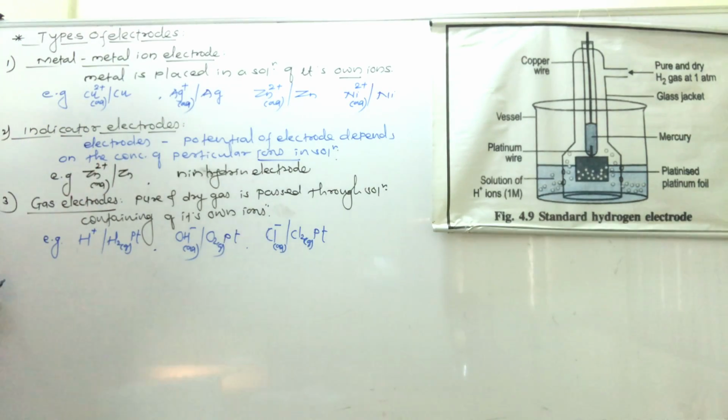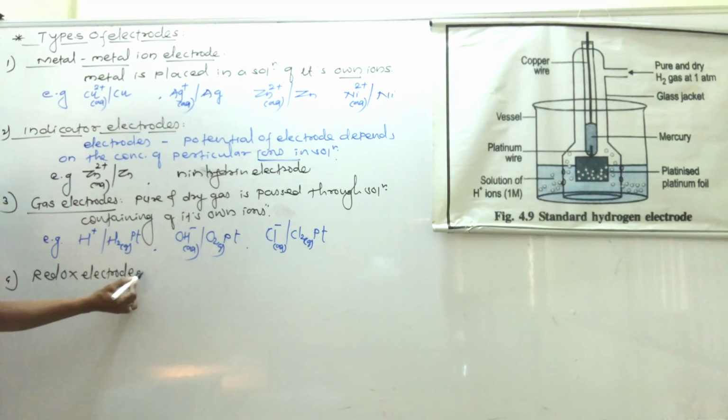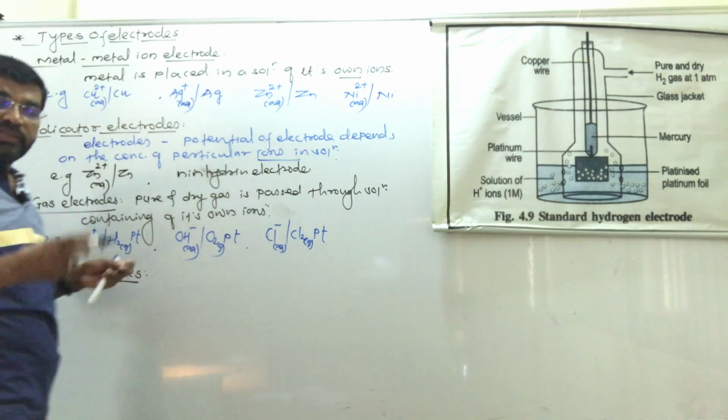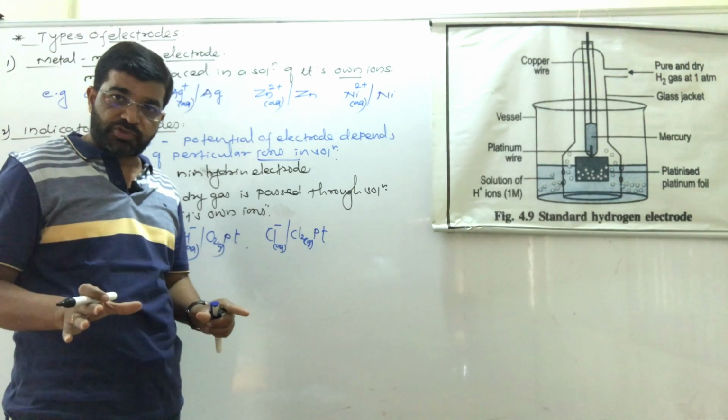Then see, the next type of electrodes are redox electrodes. So what are redox electrodes?